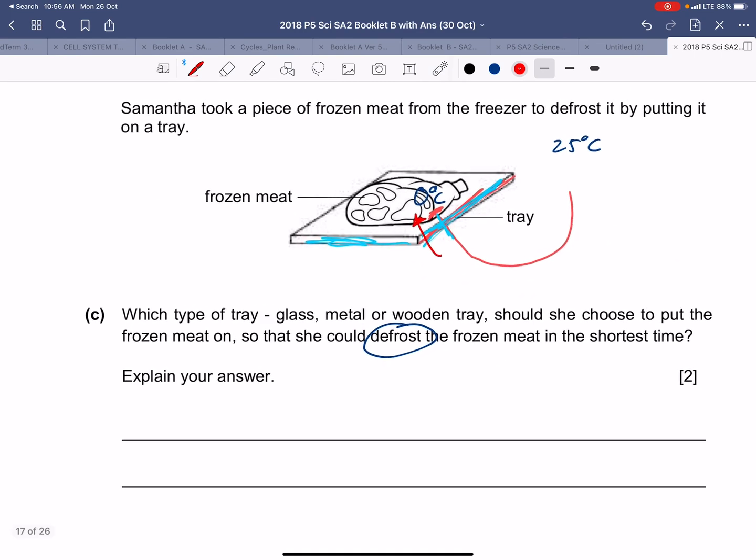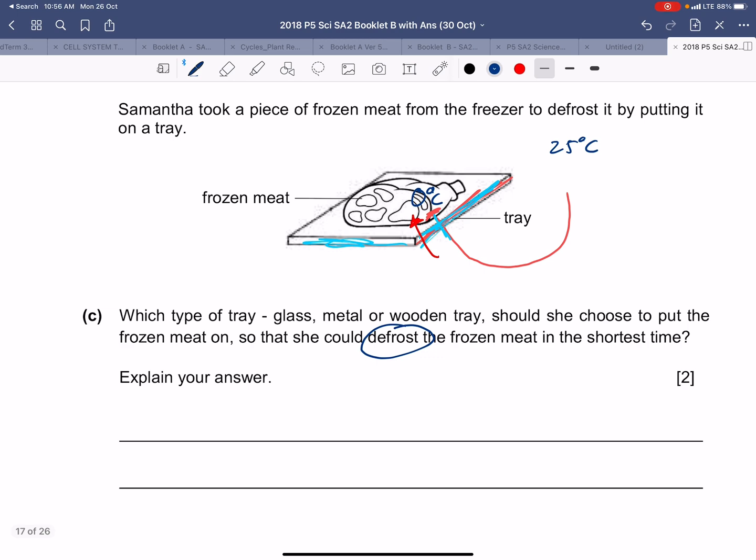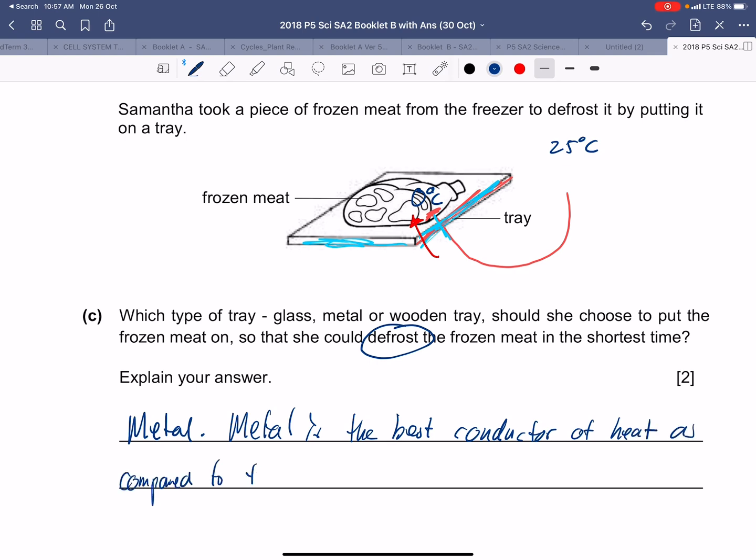Okay? So the answer, let's pen all those things that we have discussed. So metal. Why? Because metal is a better, or is the best conductor of heat as compared to the rest of the materials.